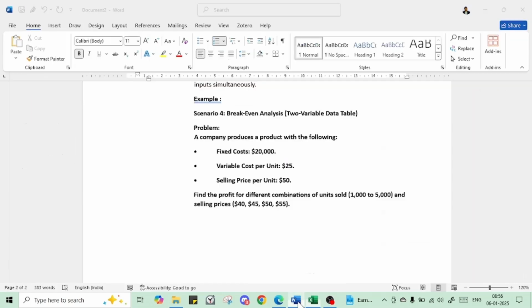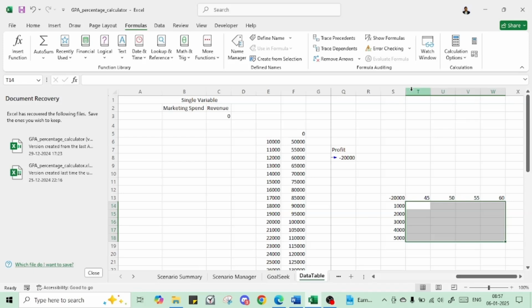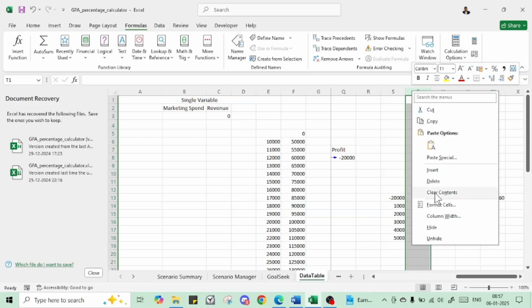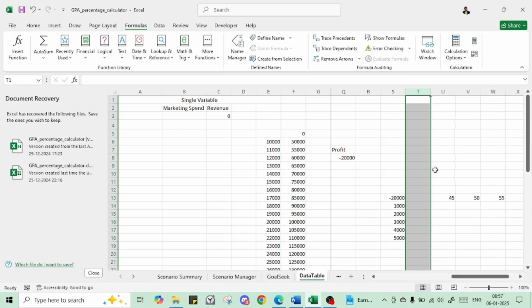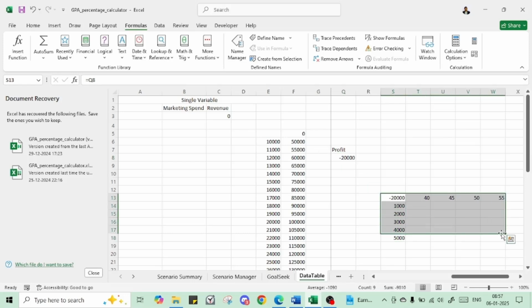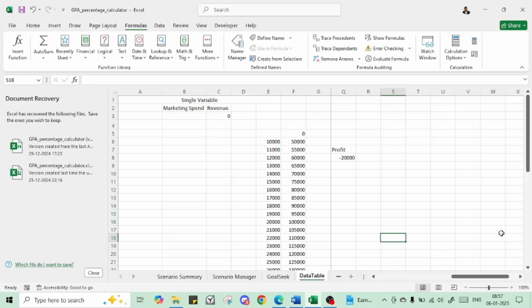Let me check it. $40 to $55. We enter all this. Here we are getting the profit formula, which is the required quantity for us.